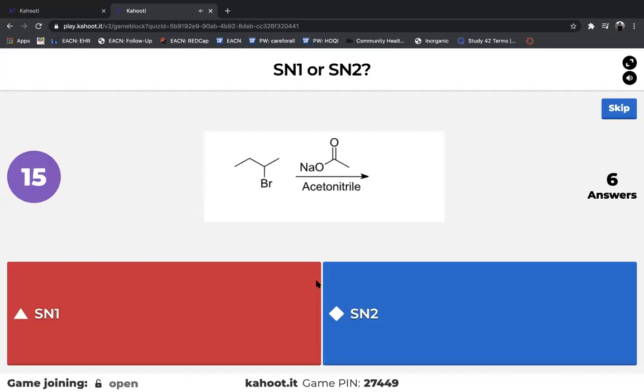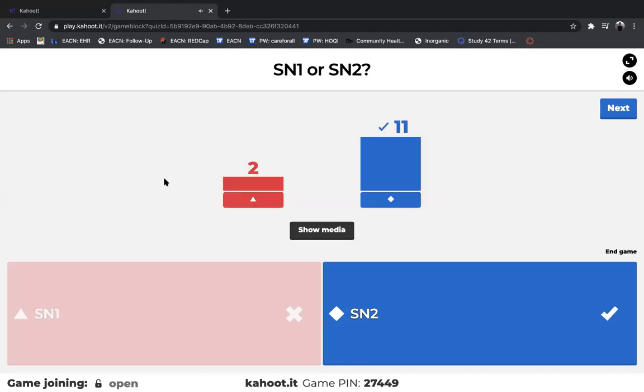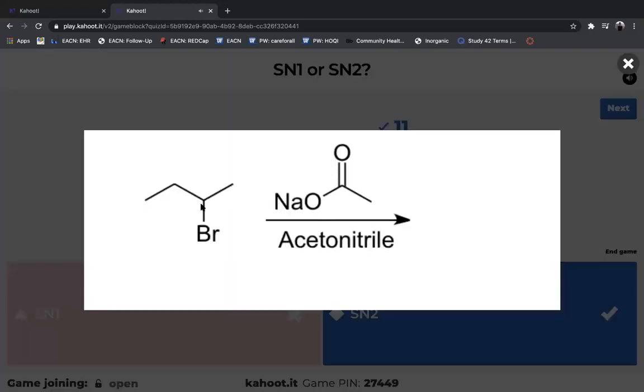Okay, so a little bit trickier now. First thing you do, classify that starting material, classify that nucleophile as strong or weak, and then think about what that solvent means for our nucleophile. So we're a little mixed here, but overall, good job. So let's explain this. So this was secondary. So this was my gray area. I didn't really know, okay? So it could be either or.